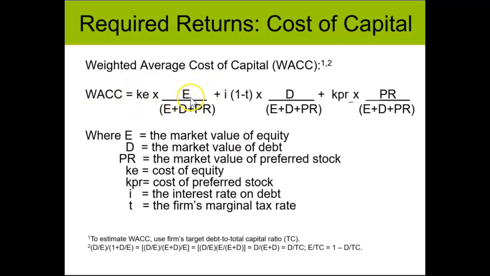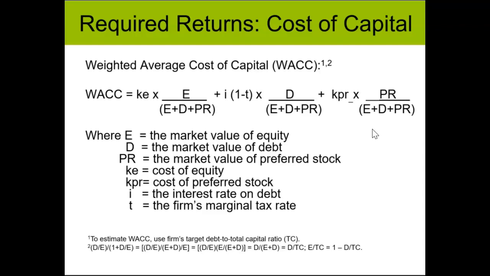The weight of equity is the market value of equity over the total market value of the firm, plus the cost of debt, because we take the post-tax debt, so pre-tax times 1 minus tax gives me the post-tax cost of debt, times the market value of debt over the total value of the firm, plus the cost of preferred stock times the preferred stock weight, the market value of preferred stock over the total market value.